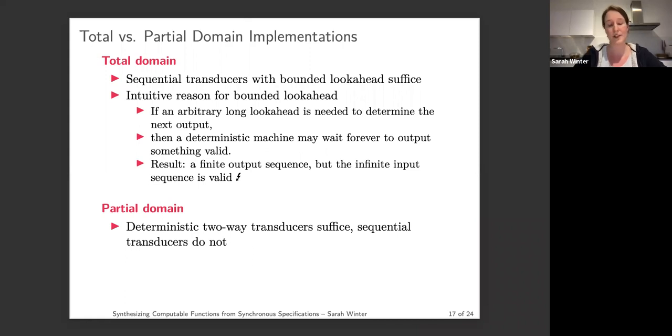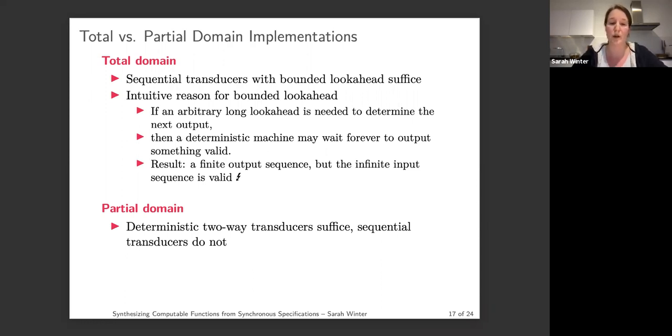If we consider partial domain, I've shown you that deterministic two-way transducers suffice, sequential transducers do not. If you again think of the example where we wait for this special signal A or B, a sequential transducer has only finite memory.